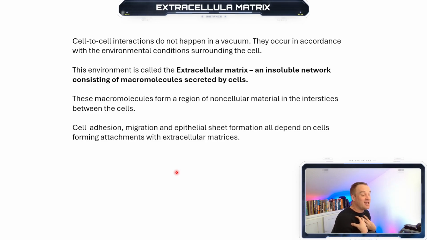In plants, which I work a lot with, it's lignin and things like that that are glycans. These macromolecules form a region of non-cellular matrix in the interstices between the cells. Cell adhesion, migration, and epithelial sheet formation all depend on cells forming attachments with these matrices.